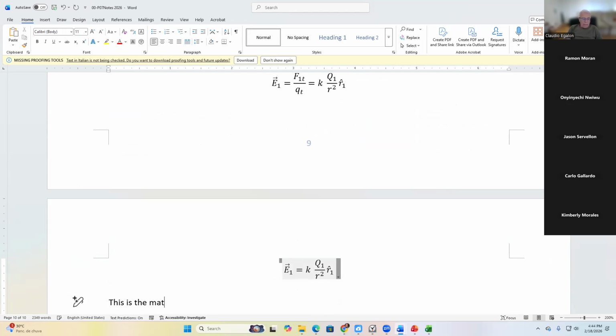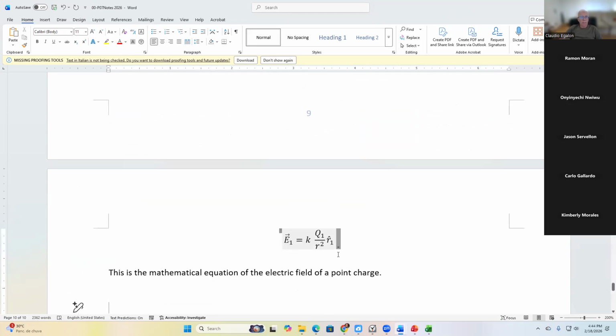This is the mathematical equation of the electric field of a point charge.